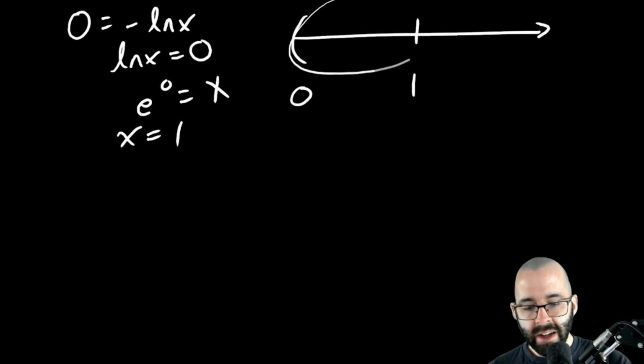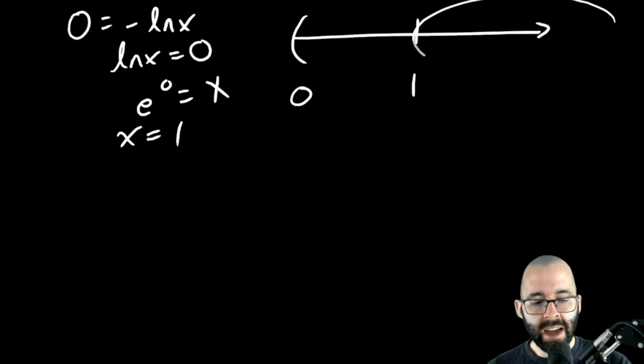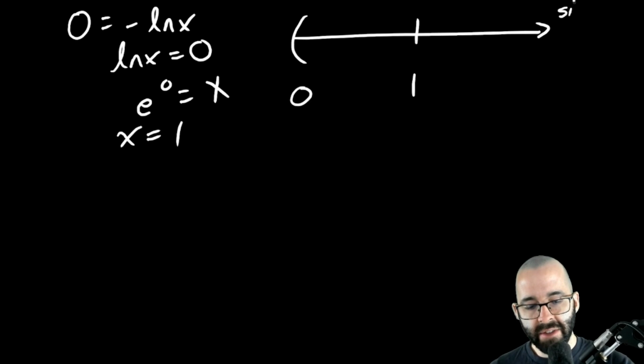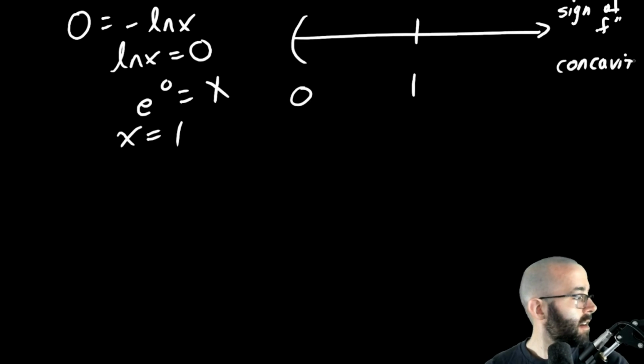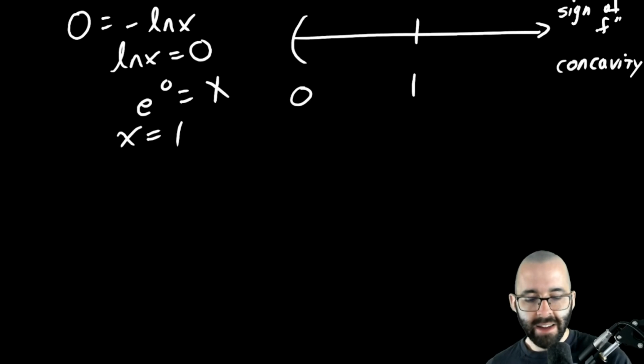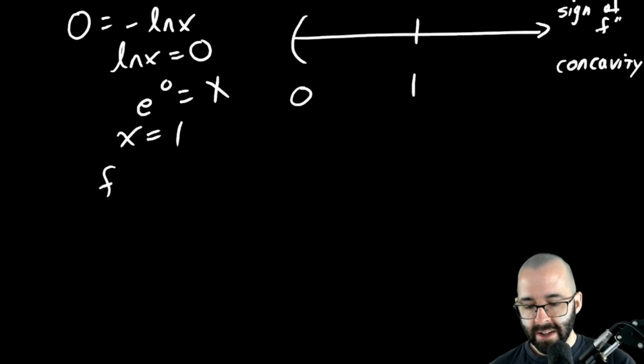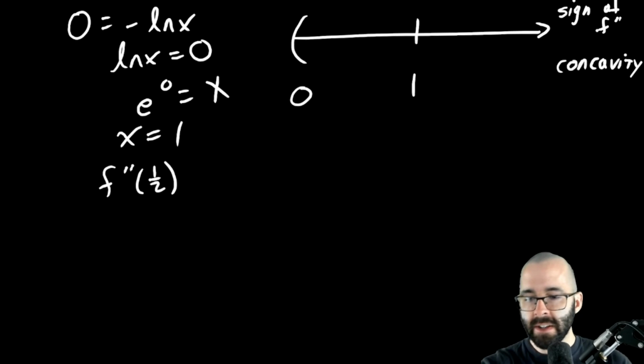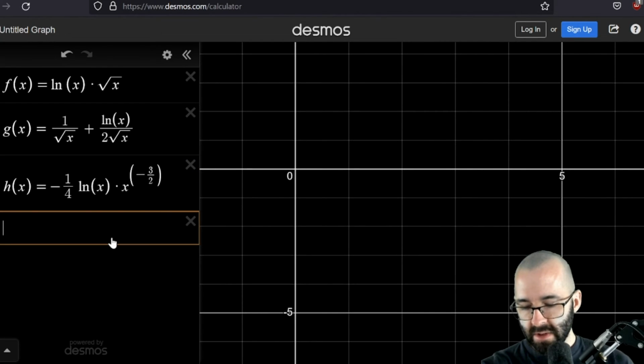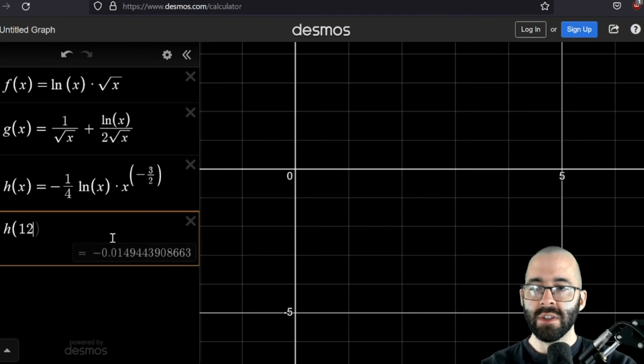So everything in this interval will have the same concavity. Everything in this interval will have the same concavity. Let's look at the sign of the second derivative and the concavity. So you can pick anything in that interval and look at the second derivative sign. I'll pick 1/2. Why not? So I'm calling our second derivative h.